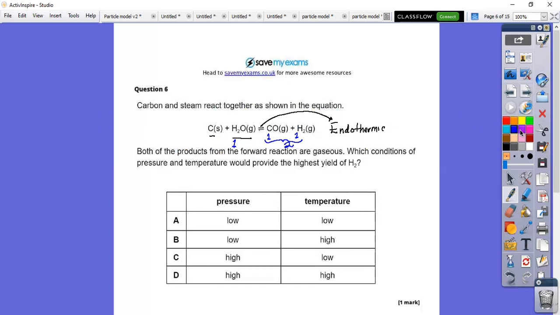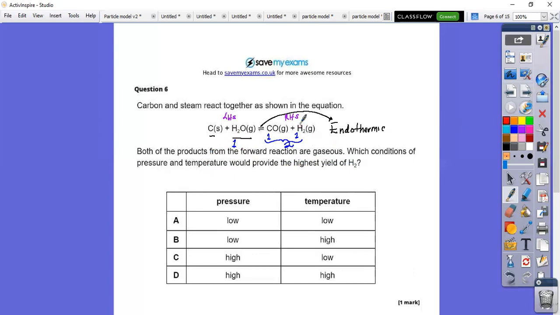So which side do you think has a higher pressure? The left-hand side for the same volume or the right-hand side? The right-hand side. Correct. There's more gas on the right-hand side in terms of molecules than on the left-hand side. So now it says, which conditions of pressure and temperature would provide the highest yield of H2?